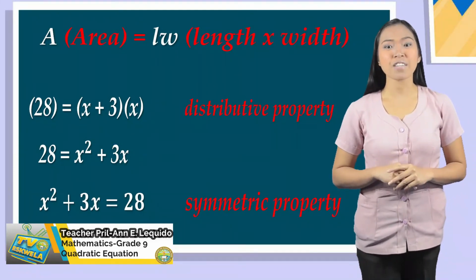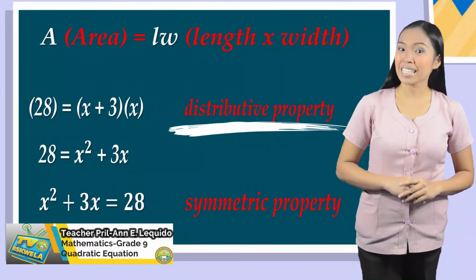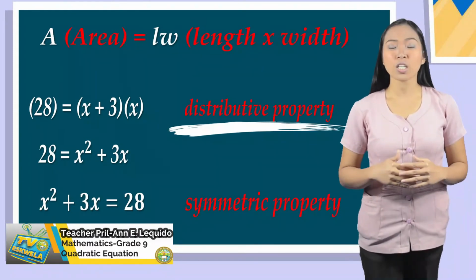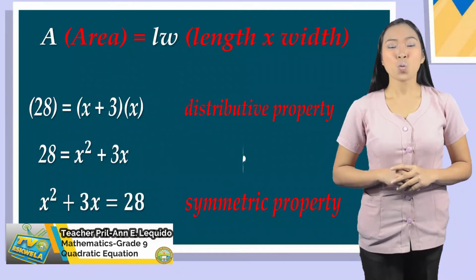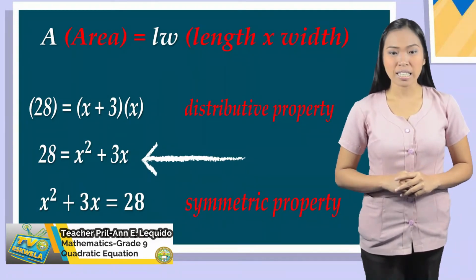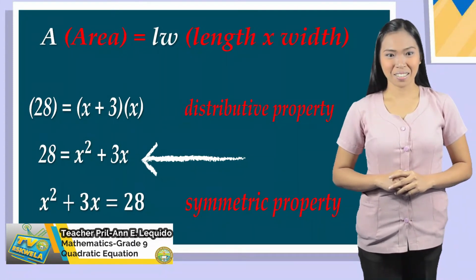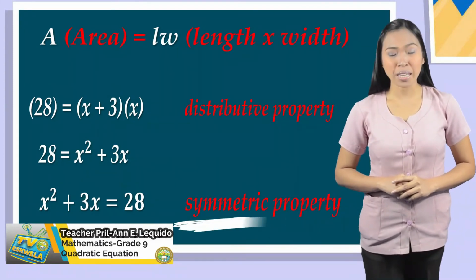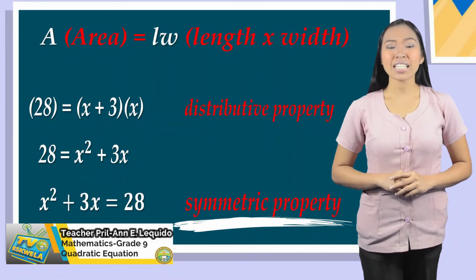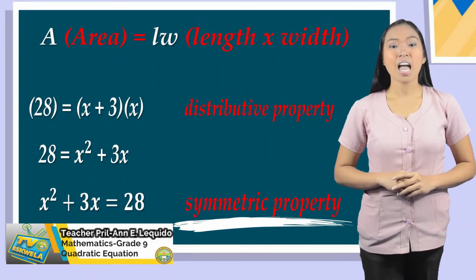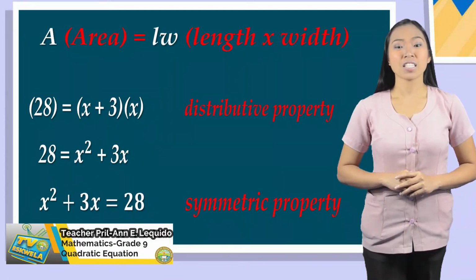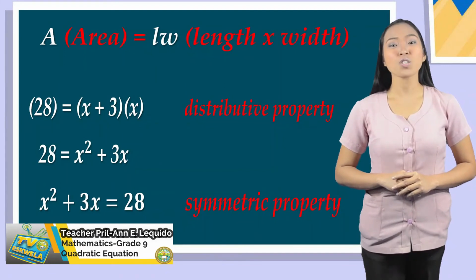Applying the distributive property to the right side, the resulting equation is 28 equals x squared plus 3x. By symmetric property, this is the same as x squared plus 3x equals 28.